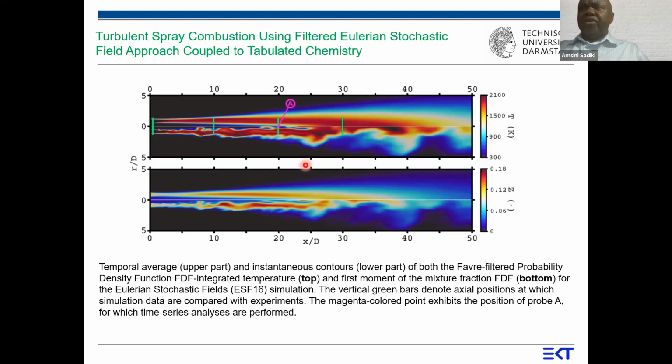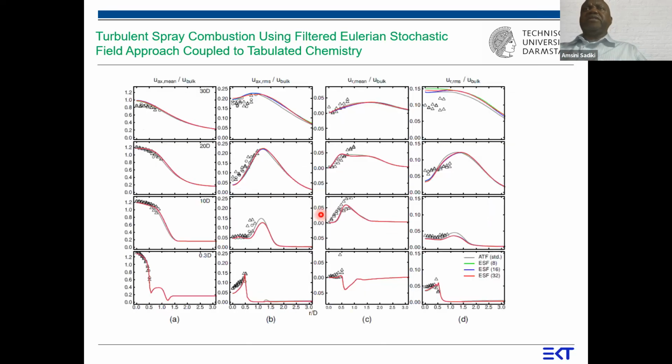With the Eulerian stochastic field, we use 16 stochastic fields to obtain this result here. We have the flame length, and we have the correct distribution of the mixture fraction. But at the end, we compare the result we obtained there with what we obtained with the artificial flame thickness.